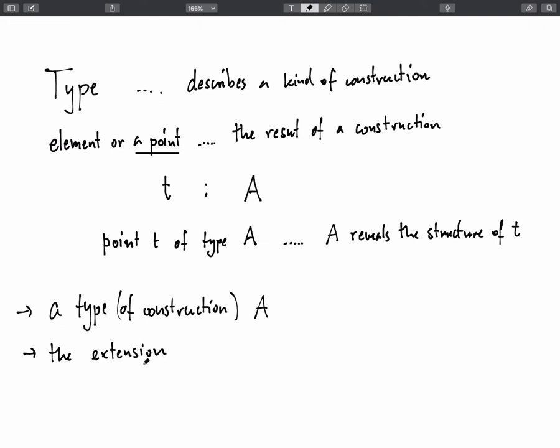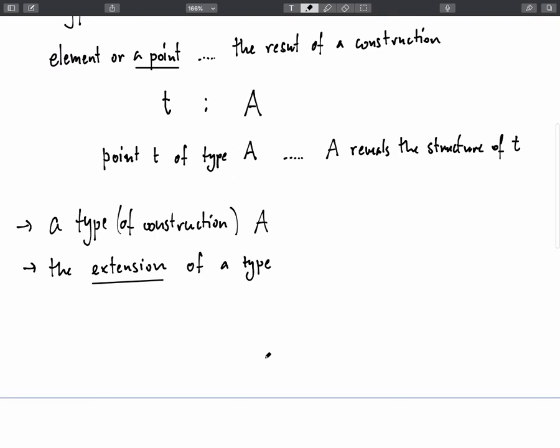Now, the extension is something more general, comes up in philosophy and logic, and it can be applied not just to types, but also to concepts. And since we haven't done any type theory right now, I can't write things down. Let me show you how it works with concepts.